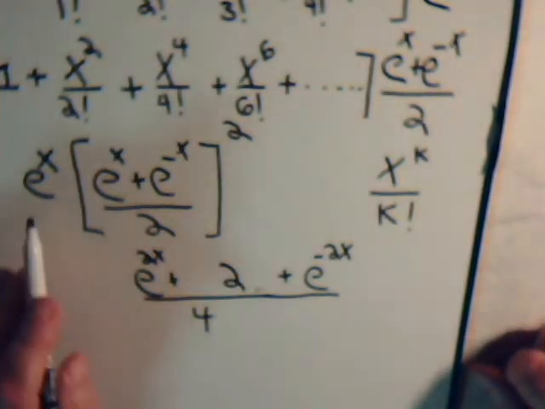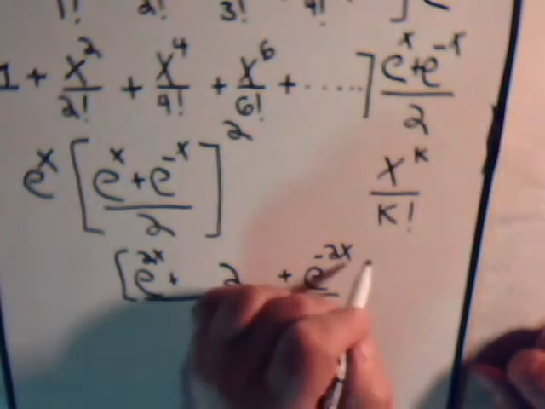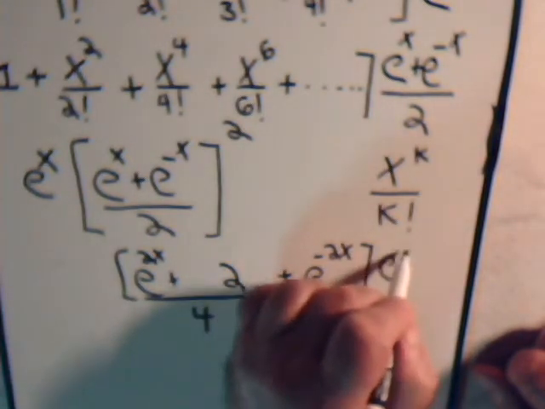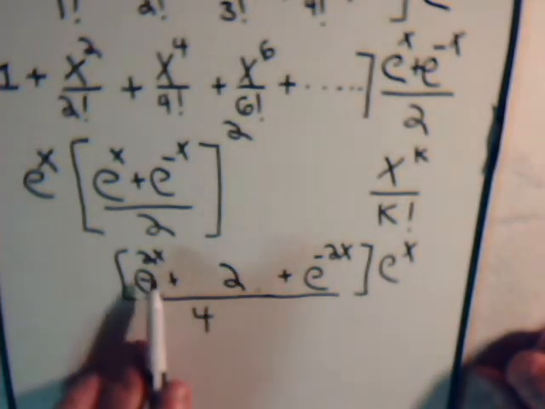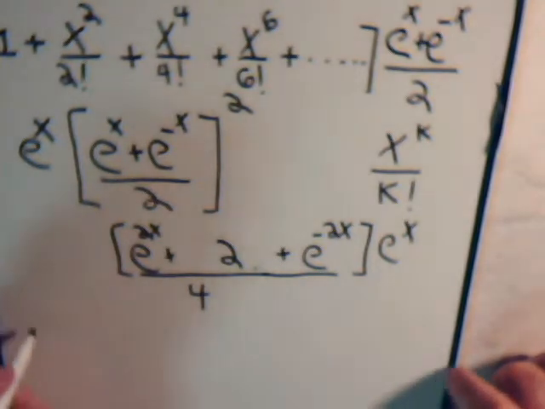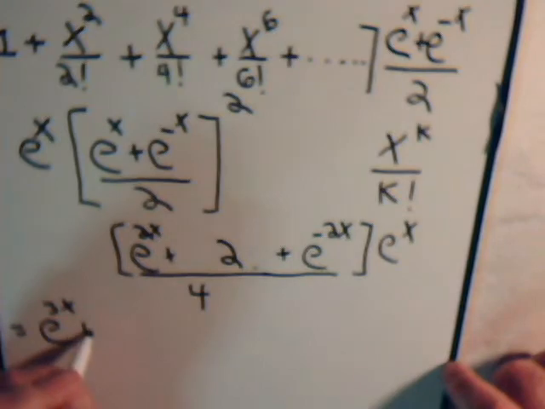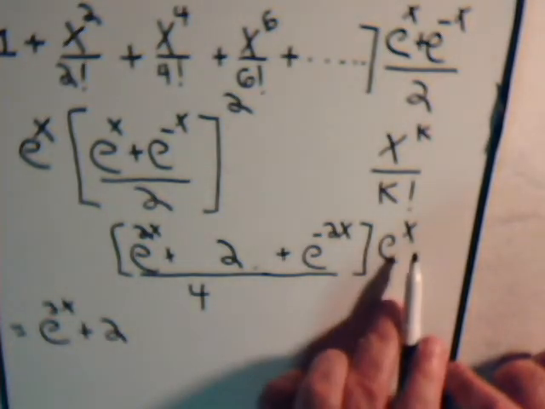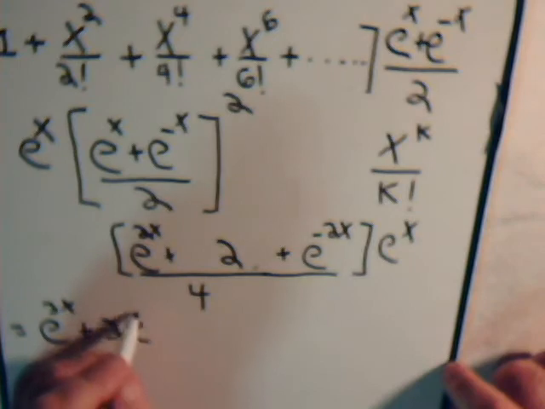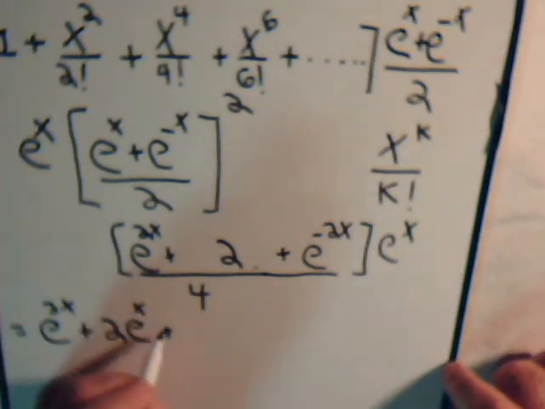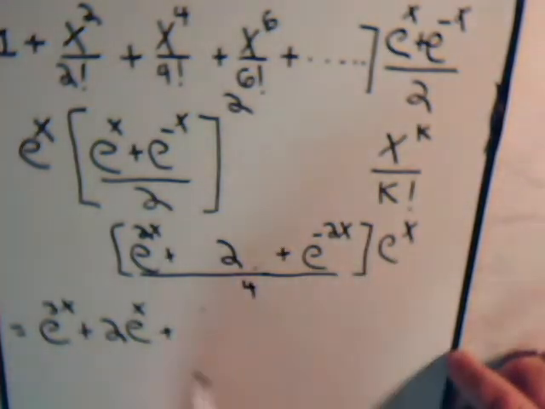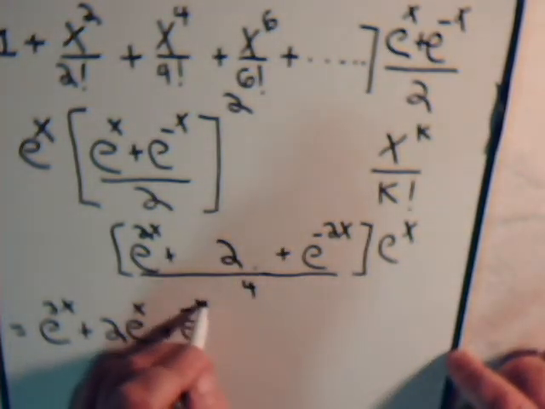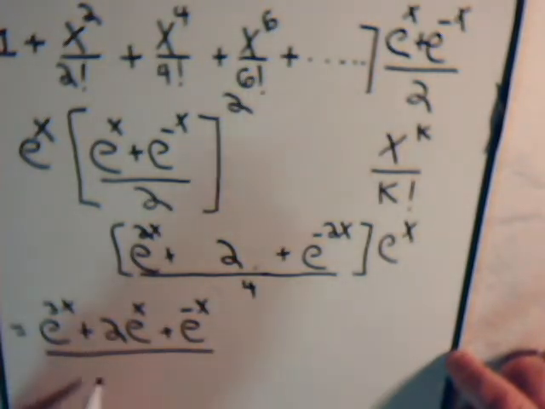So we have this times e to the x. So if we multiply across, we're going to have e to the 3x plus 2 times e to the x plus, this would be e to the minus x, divided by 4.